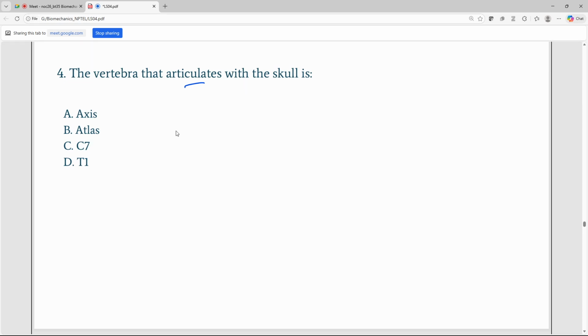If you remember, axis is C2, atlas is C1, C7 is cervical 7, and T1 is thoracic first. So the vertebra that connects with the skull is C1, which is the atlas. Our answer is option B, atlas.